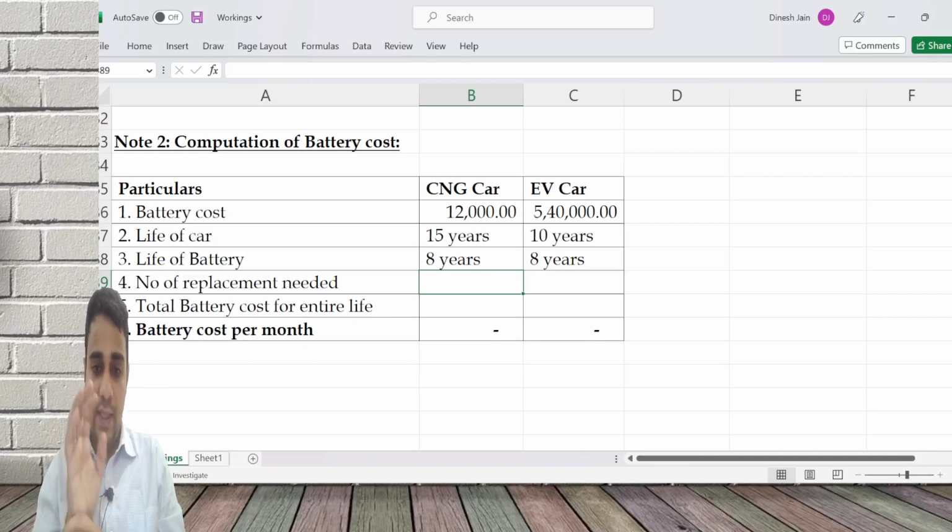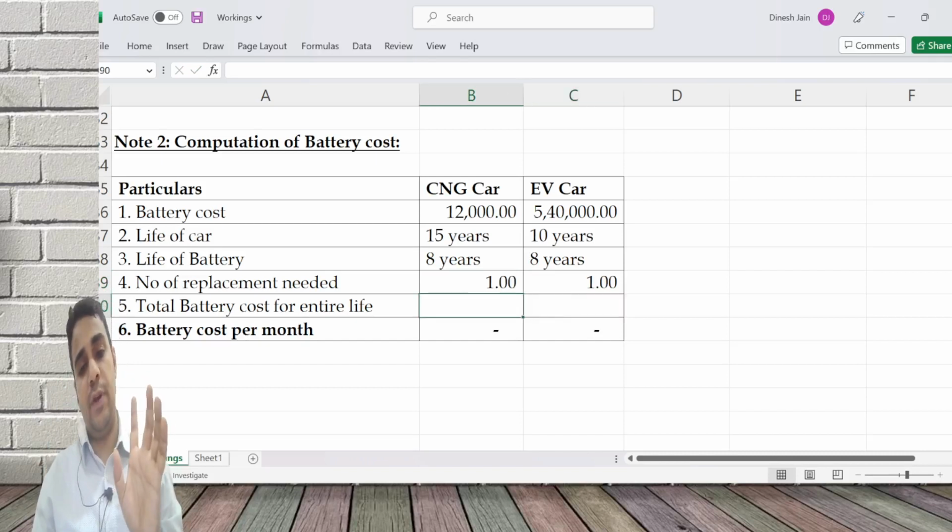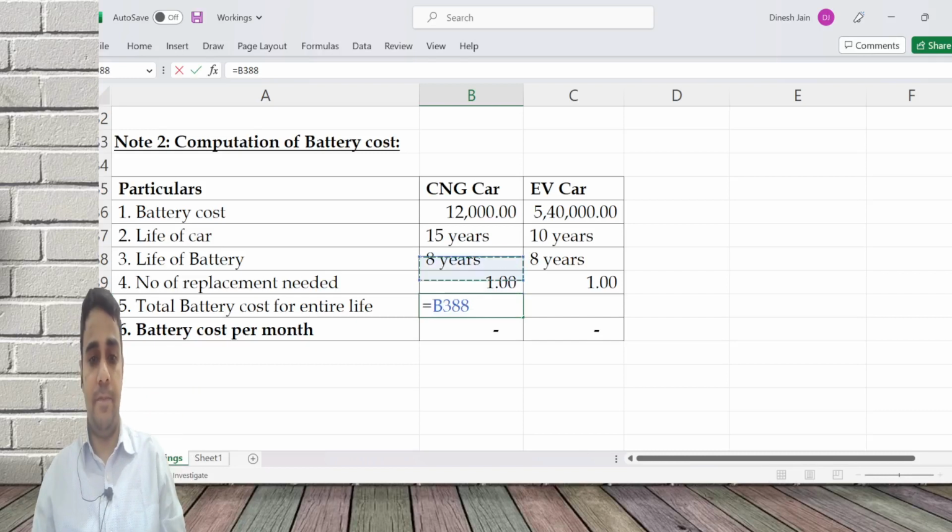That's all. EV at the end of the 8th year. You will use it for 2 years and dispose of the car. Here you'll use it for another 7 years and dispose of the car. So at the end of the 8th year, one time you will do battery replacement. No further replacement needed.